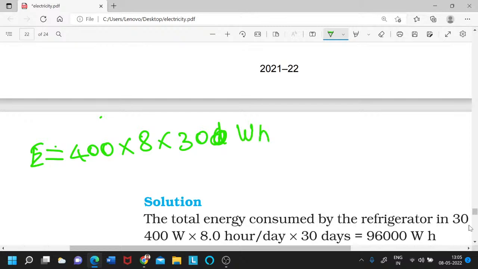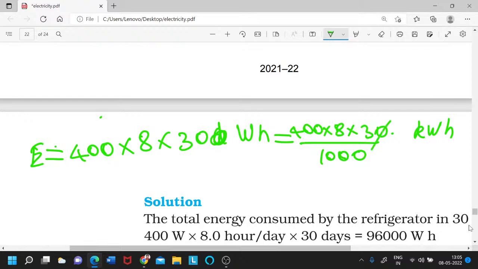If you want to convert Wh to kilowatt hour, divide by 1000. So just dividing by 1000 will give us Wh to kWh. 400 into 8 into 30, just cancel, 4 into 8 into 30 kWh. Now per kWh is 3 rupees.